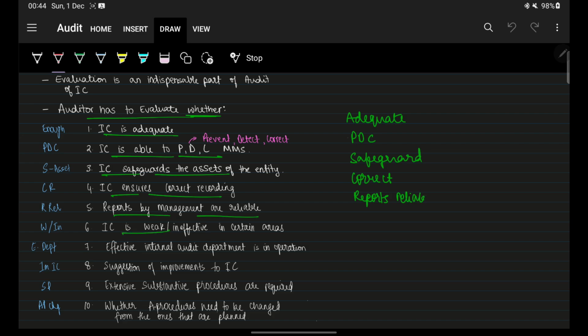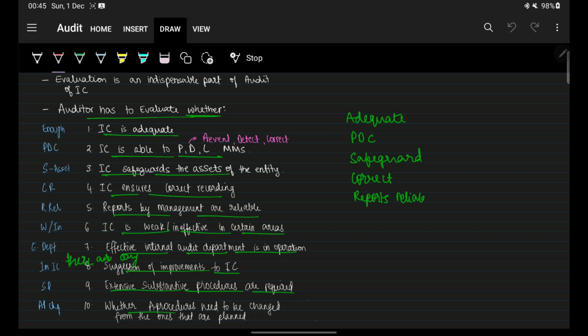Next, whether IC is weak or ineffective in certain areas, whether an effective internal audit department is in operation, whether there are any suggestions of improvements to IC, whether extensive substantive procedures are required, whether this is now questioning to the auditor, whether the auditor has to perform substantive procedures, right?